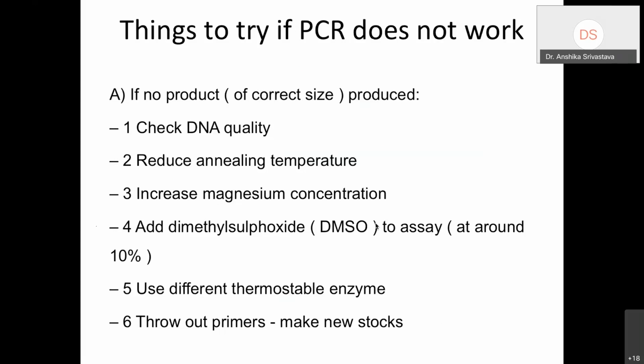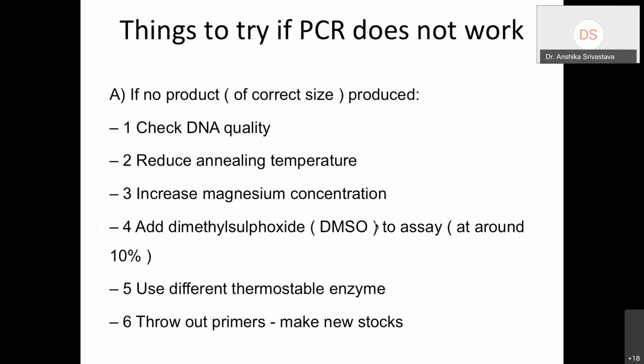Maybe your DNA quality is around 1.1 to 1.2. I have seen that when your DNA quality is around 1.6, that works efficiently for amplifying the region. But if your quality is less than 1.6, then it may be a problem. So you can reduce the annealing temperature. Maybe you can fiddle around with the annealing temperature, a couple of 0.5 degrees Celsius up or down.